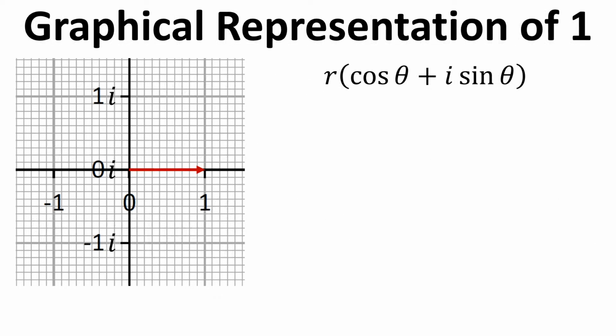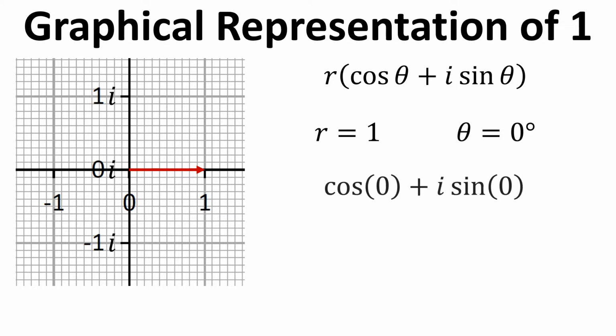Okay, so let's see how we can use this for an example where we've just got a value of 1. So graphically we can see that it's a red arrow going from 0 to the value of 1 on the real number line. r equals 1 and theta equals 0 degrees because we're 0 degrees away from the real number line. So we can write this down as cos 0 plus i sin 0. But again, we can do a 360 degree rotation.